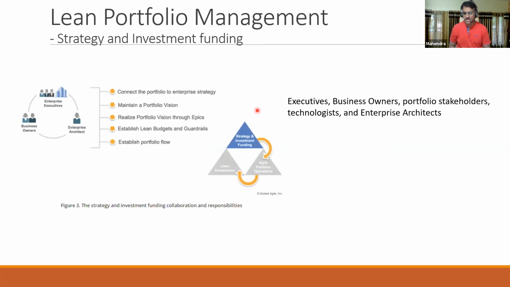Now let's quickly see the various dimensions of this. The first is strategy and investment funding. Here this competency talks about three key roles: the enterprise executives, the business owners, and the architects.